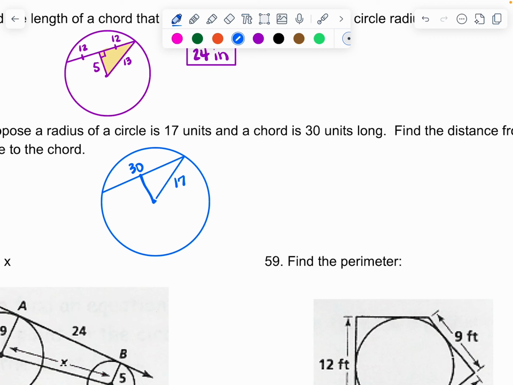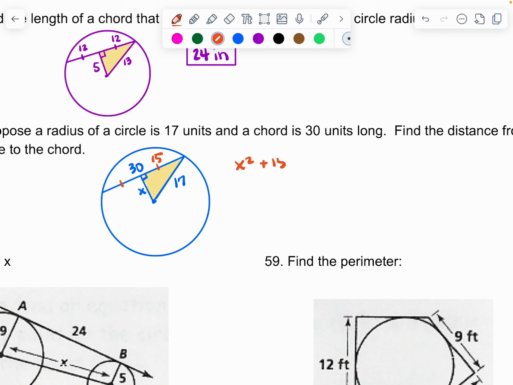So it's looking for this. So once again, I have a diameter hitting a chord, which means it's splitting it in half. And that means this piece is 15.